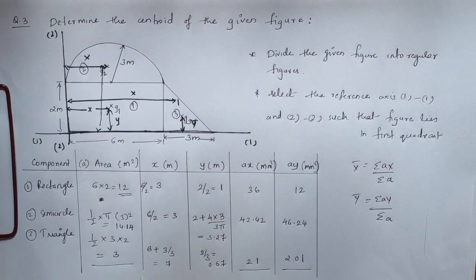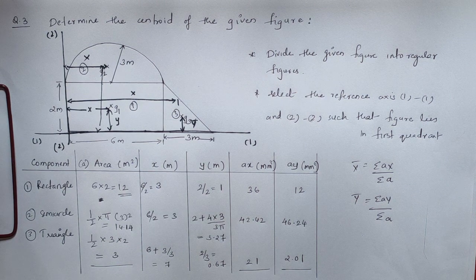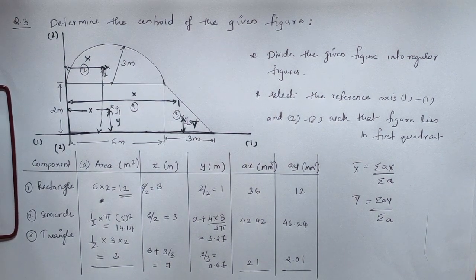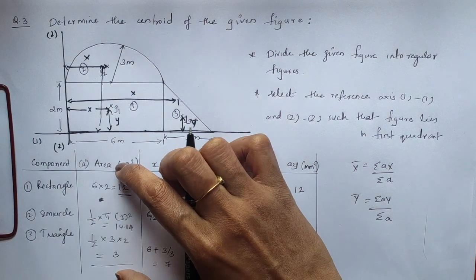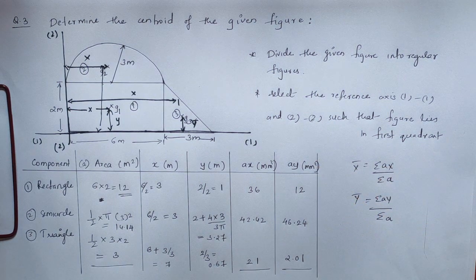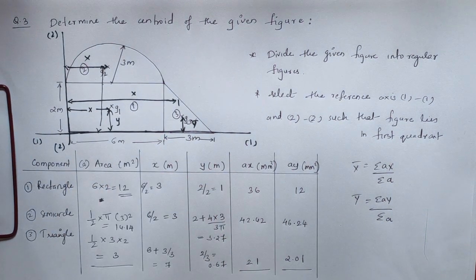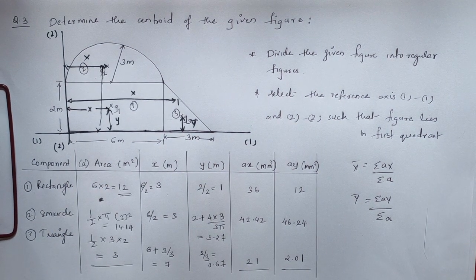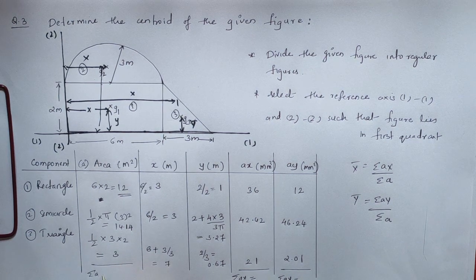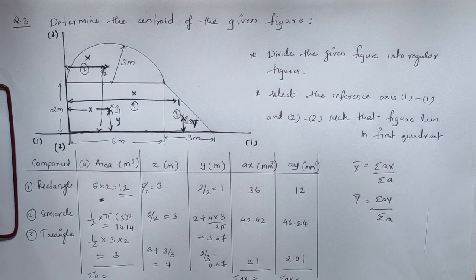So after finding this, the next step is to find the summation of the total area, total of ax and total of ay, because we don't need individual centroids, we need the centroid of the total figure, correct? So I can find sigma ax, sigma ay, and even sigma a here.